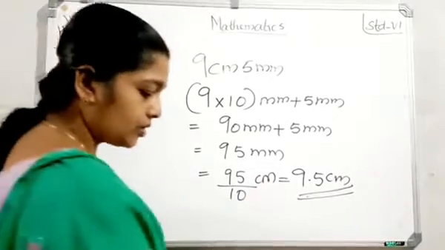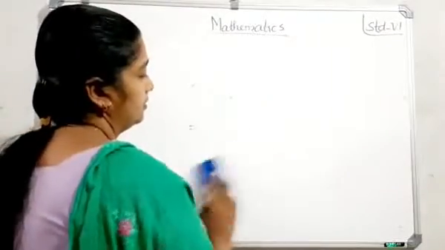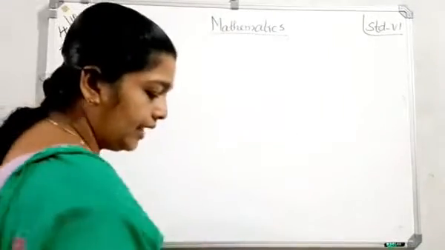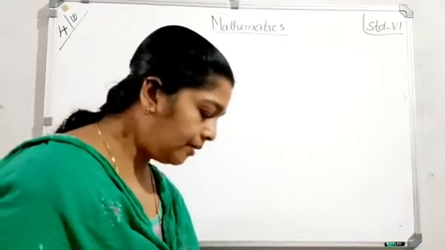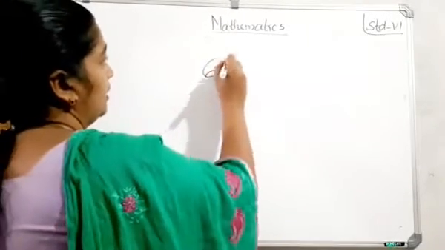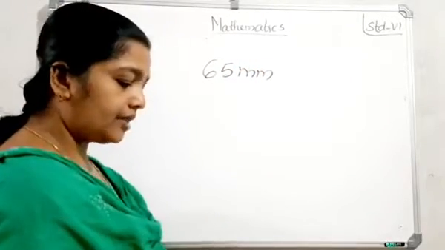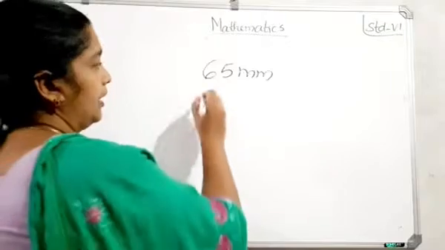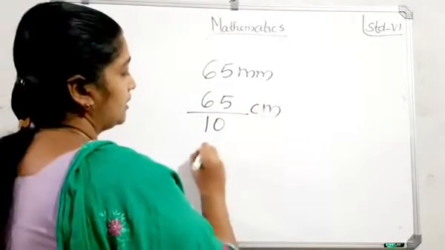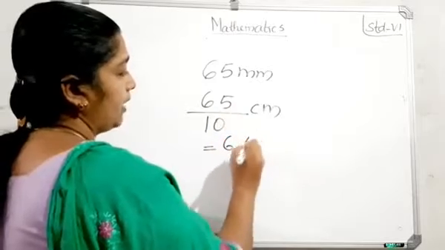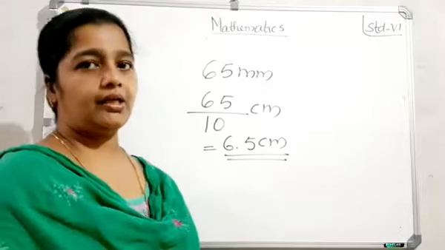Next question. The length of a gram plant is 65 millimeter. Then express its length in centimeter. Very simple. 65 divided by 10, that equals 6.5 centimeter.